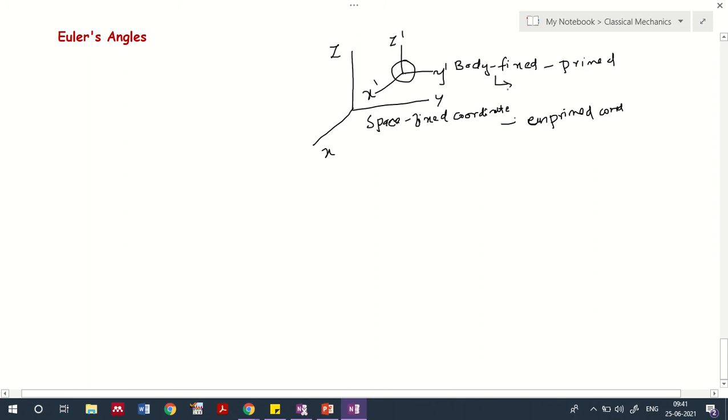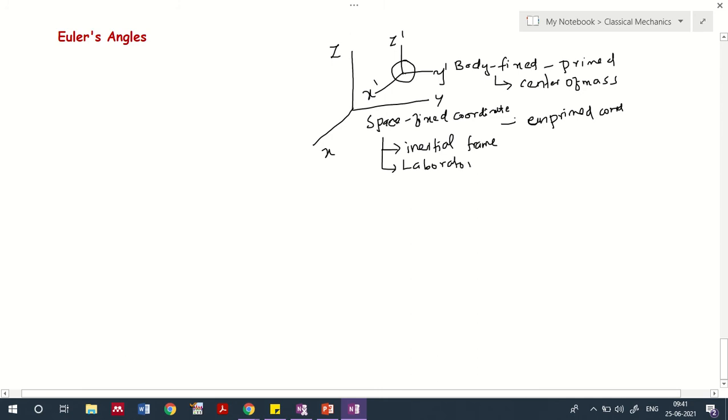This body fixed coordinate system can also be called the center of mass coordinate system. The space fixed coordinate system can be termed the inertial frame, the inertial frame of reference, or the laboratory frame of reference.